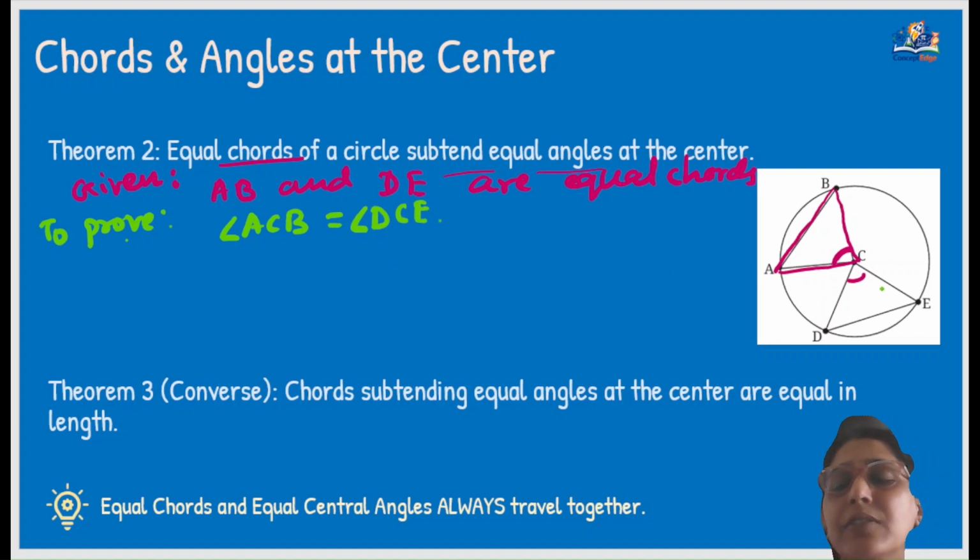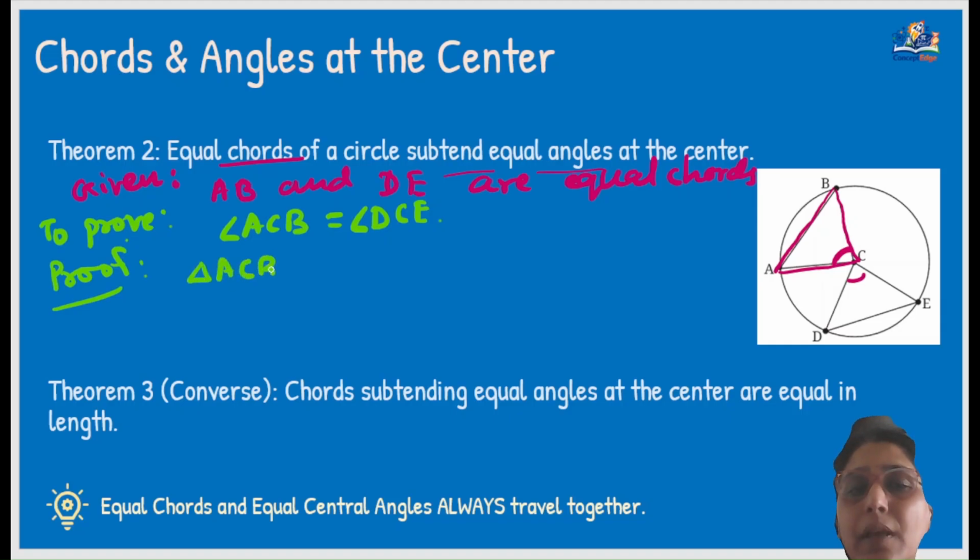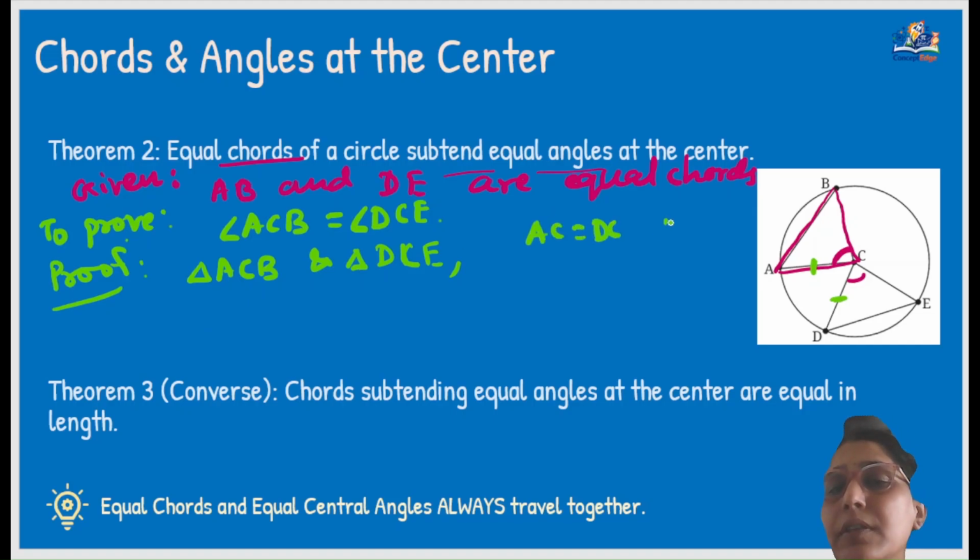For that, I'll take these two triangles, triangle ACB and triangle DCE. Now, I know that AC equals DC. Why? Because they are radii.